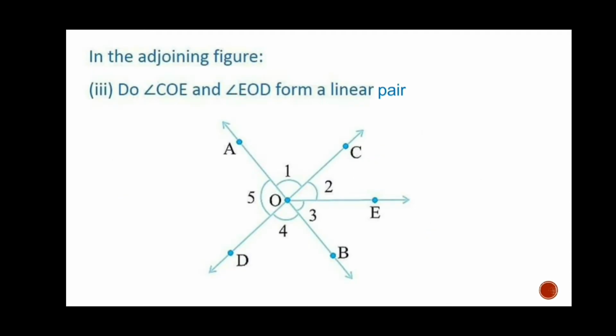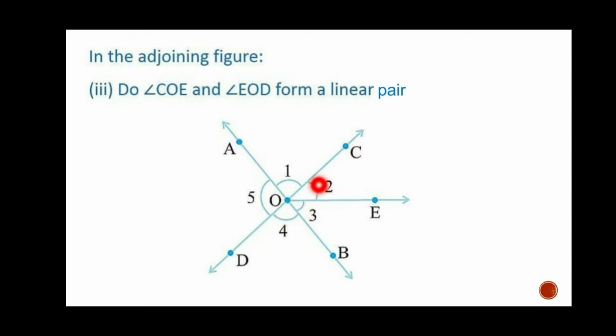Now in the third part of this question it is asked, do angle COE and angle EOD form a linear pair? So let's see what angle COE is. Angle COE means this angle 2, and angle EOD means this complete angle, 3 and 4 both. So are they forming a linear pair?